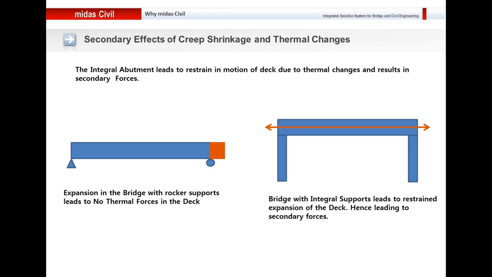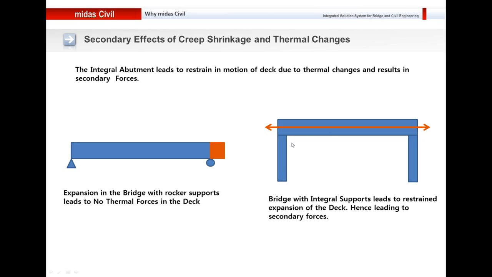Now let me compare the two bridges. One of them is an integral bridge, another is a simply supported single span bridge, and let us see, if the temperature increases, what would be the effect on these two structures. As you can see on the left hand side, let's say the temperature increases. If the bridge is simply supported, it will expand and there would be no thermal stresses generated in the structure because it is allowed to expand freely, so there would be no additional stresses.